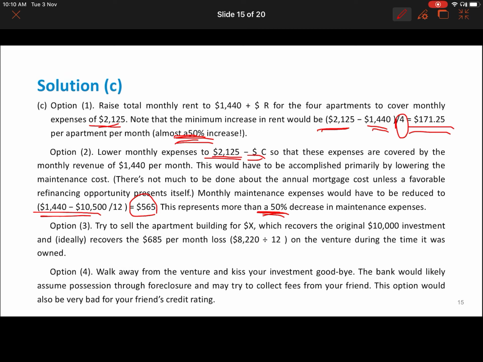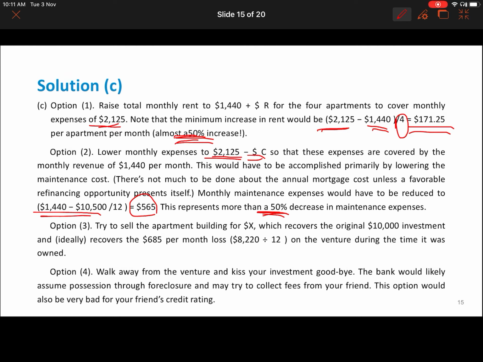The third option is she tries to sell the apartment building for X, which covers the original $10,000 investment. She already invested $10,000 to the bank, and she just paid $10,000, not $100,000. So she needs to recover $685 per month.